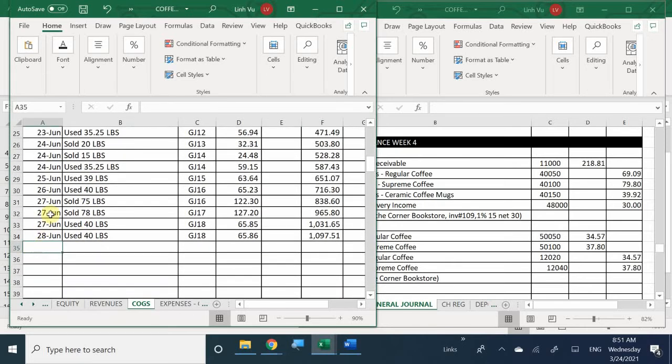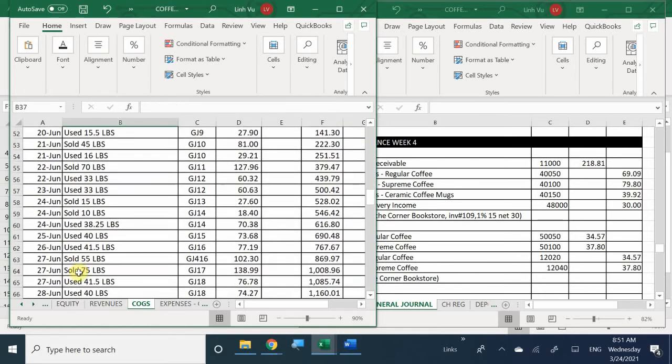We sold 21 pounds of regular coffee, General Journal 19, for $34.57. So therefore, what's my ending balance in this account? 1132.08. Perfect.